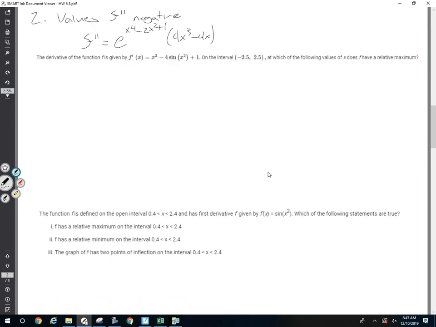Another f prime. When do we have a relative max? Okay, the original function f has a max when f changes from going up to going down. F goes from up to down when f prime changes from positive values to negative values. Okay? We have f prime.